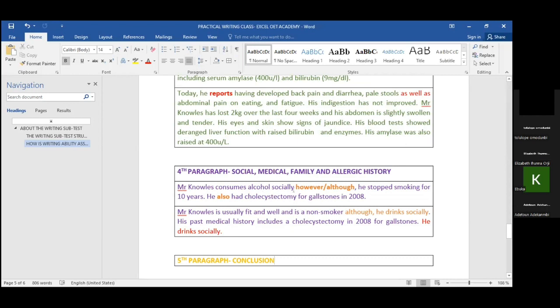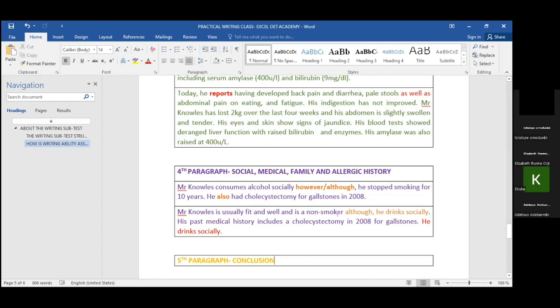Now look at this information. For urgent case, your social, medical, family, and allergic history should come before your conclusion. So after you've written the introductory paragraph for an urgent case, the second paragraph should be today's visit. The third and fourth paragraphs should be the previous visit, the initial visit and then the subsequent visit.